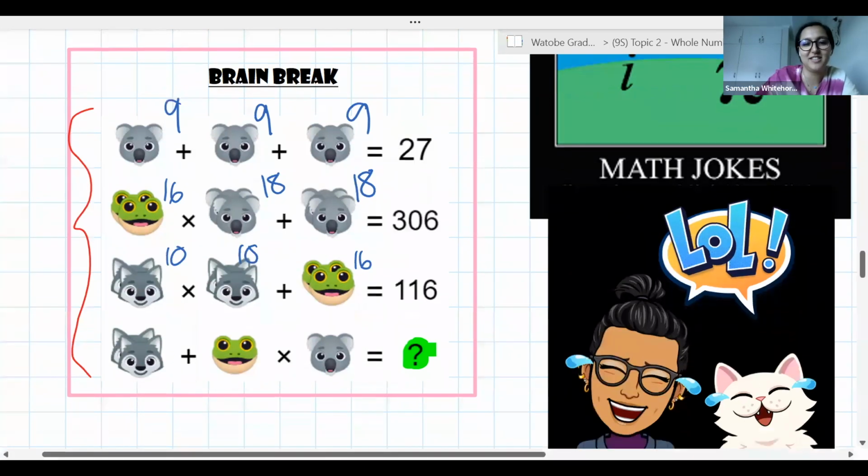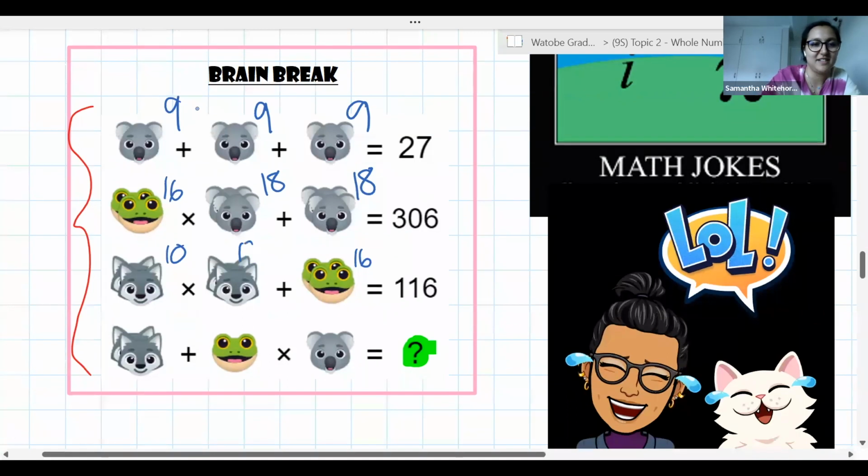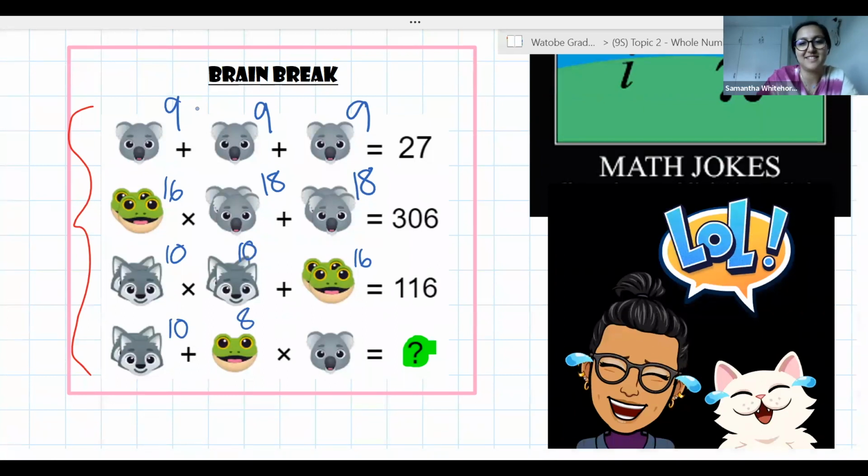And then for the last one, I said 10 plus 8. The reason why I say 8 is because there's 1 fox, so you divide 16 by 2, which gives you 8. And then I multiplied it by 9, which gave me 82.